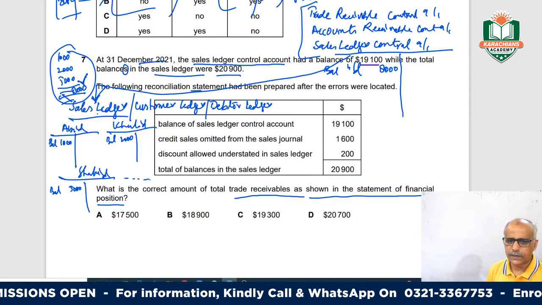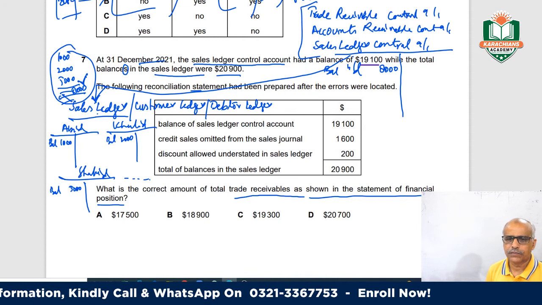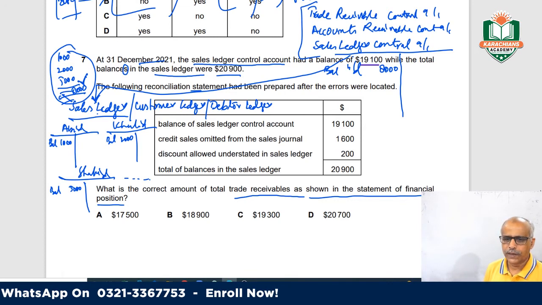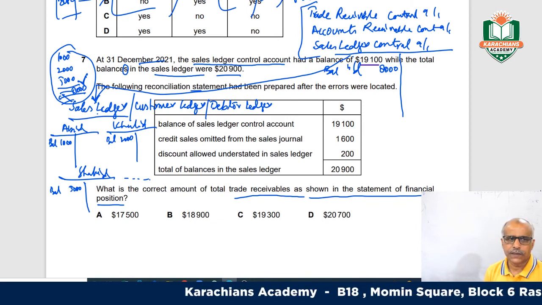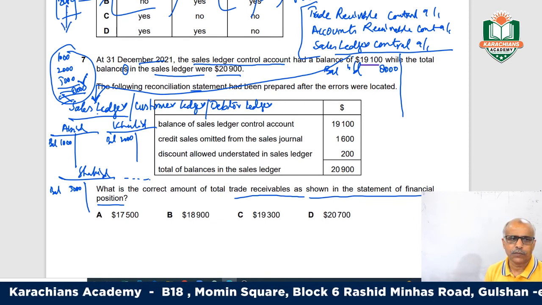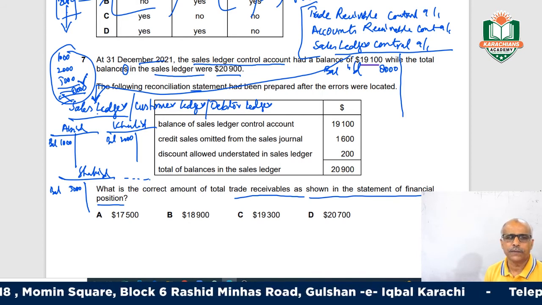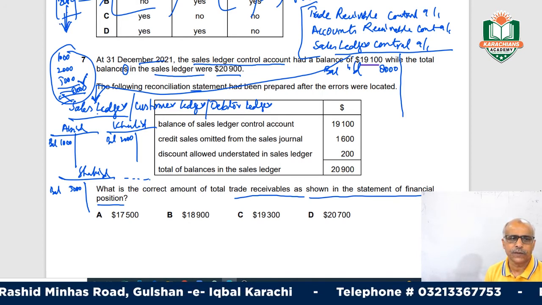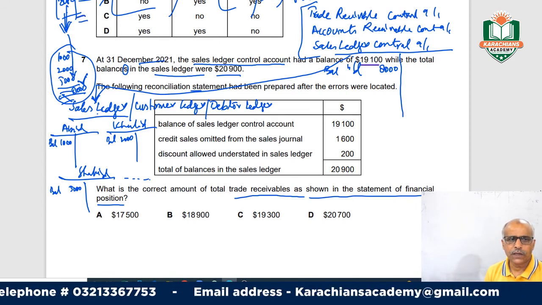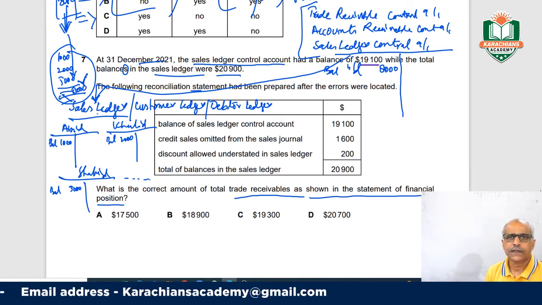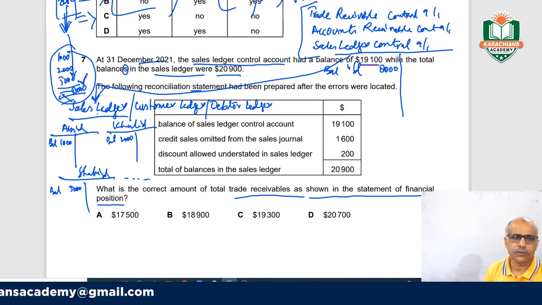So the credit sales omitted from the sales journal. Individual information comes from books of prime entry into the subsidiary sales ledger, but the total goes to the general ledger.